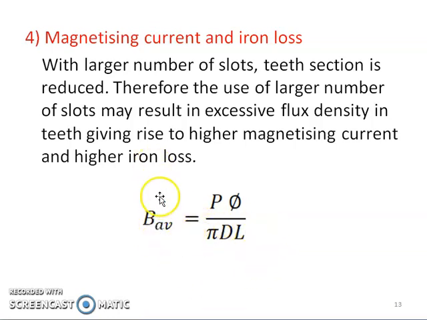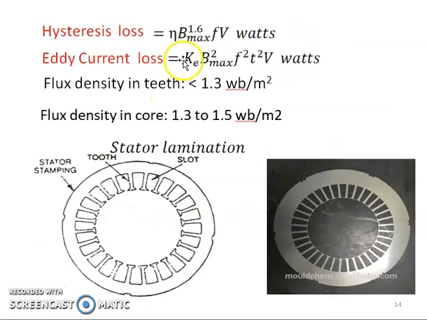And if flux density increases, what happens to losses? As per this equation, iron loss has two components. One is hysteresis loss and another is eddy current loss. Both these losses depend upon flux density. With a smaller teeth section, flux density will increase, and an increase in flux density will increase both hysteresis as well as eddy current loss.